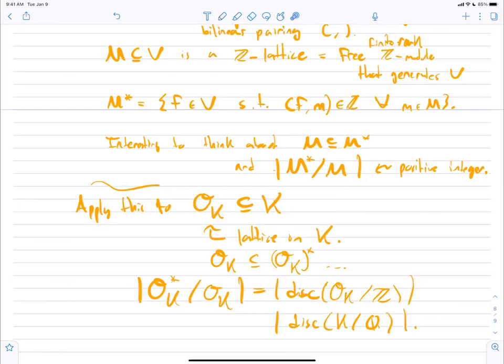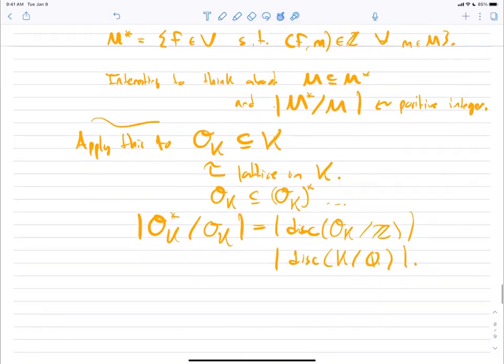And what this discriminant is going to be is just a way of computing this. So then it turns out we can refine this a little bit and actually get a genuine integer with an interesting sign whose absolute value gives this number.